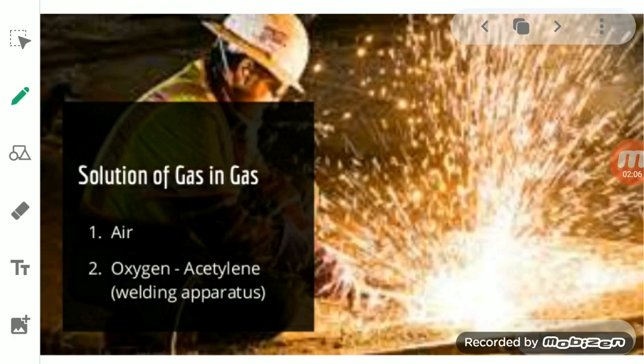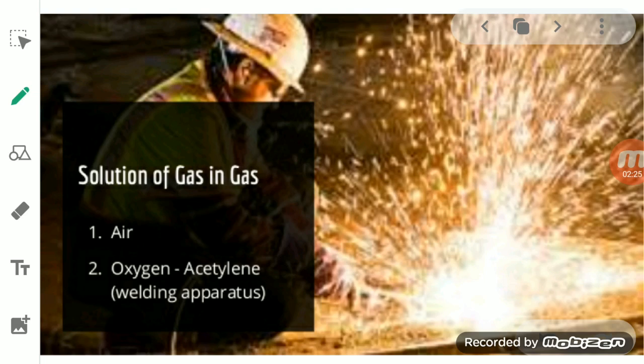We usually think solutions are formed when a solid substance is dissolved in a liquid. Most of the common solutions are made by dissolving a solid in a liquid.